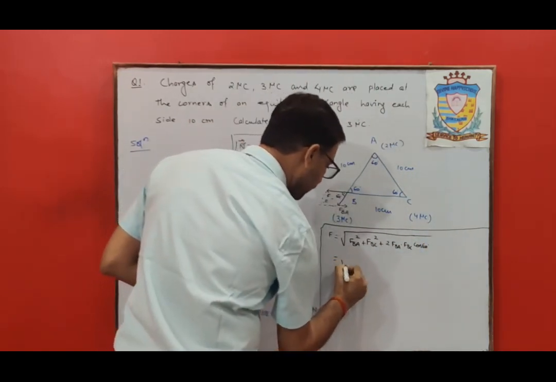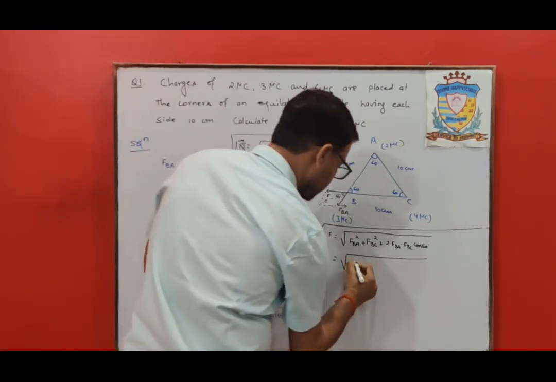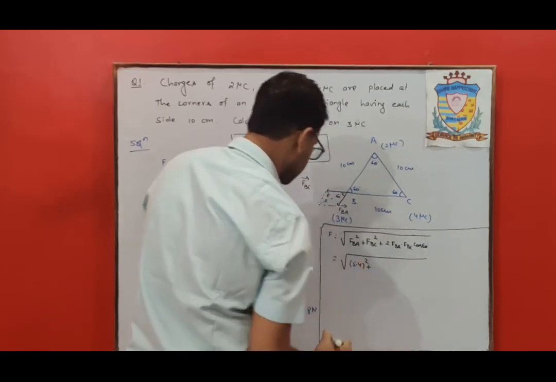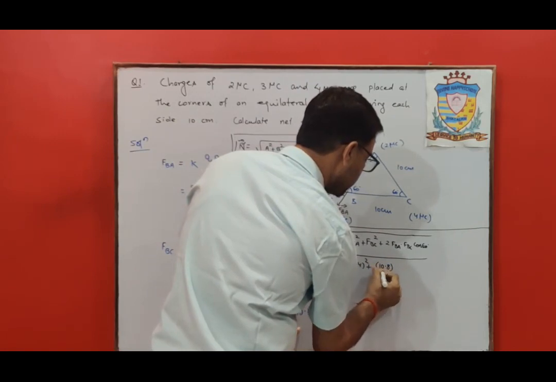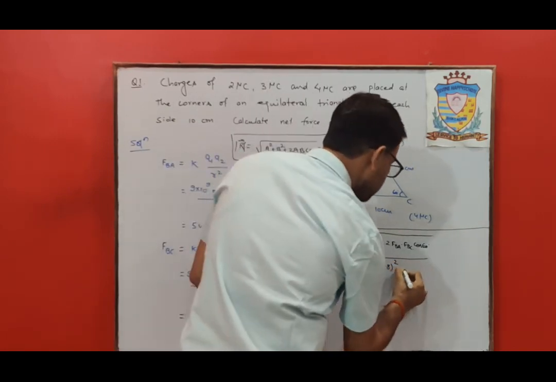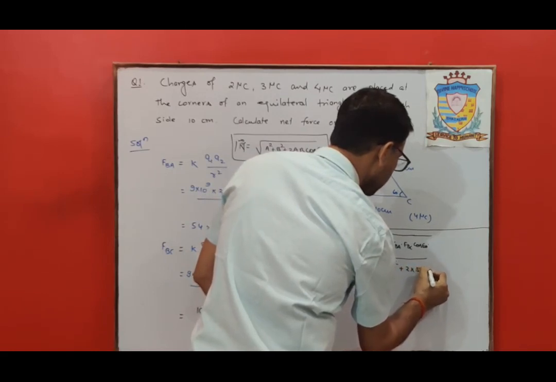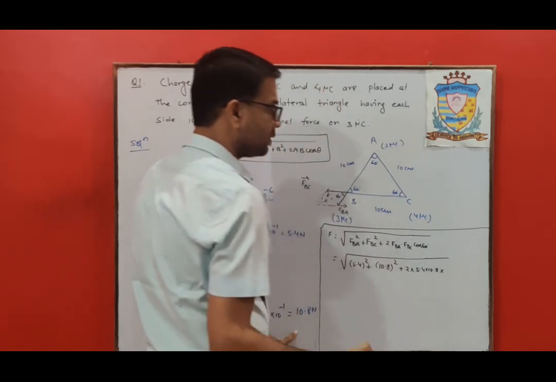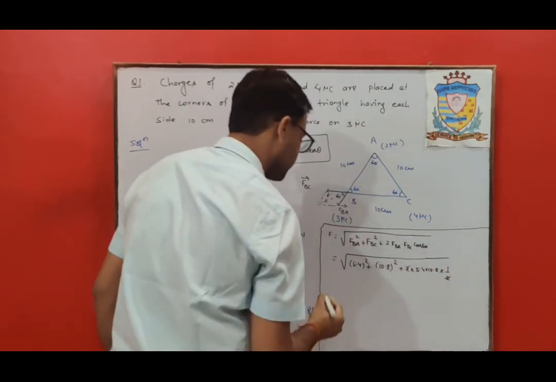Okay, the value of FBA is 5.4 Newton. So 5.4 whole square plus 10.8 whole square plus 2 into 5.4 into 10.8 into cos 60 is 1 by 2. So this can be cancelled out.